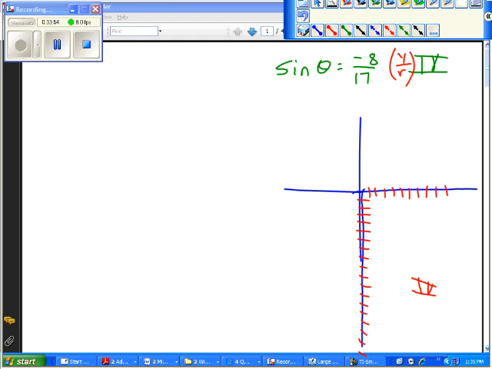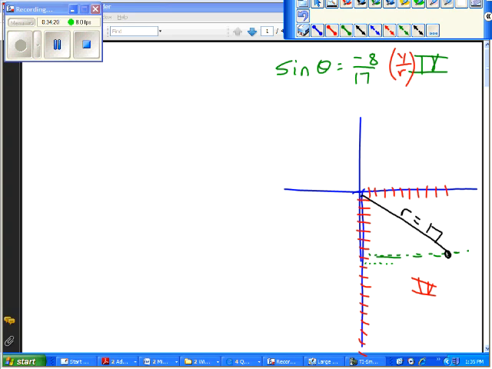Now, my y is 8, okay? So I've got 1, 2, 3, 4, 5, 6, 7, 8. And my r is 17. See, I just kind of guessed where it was.